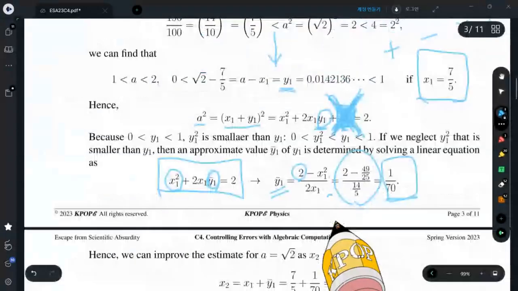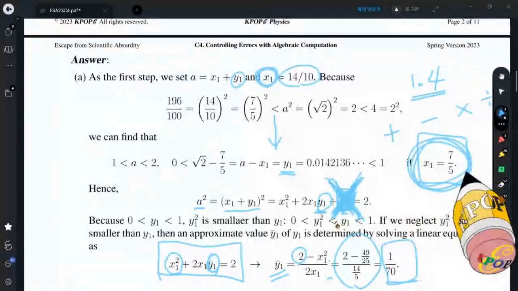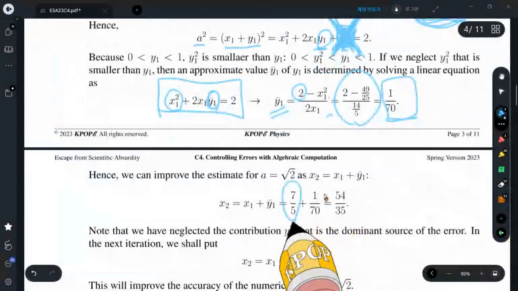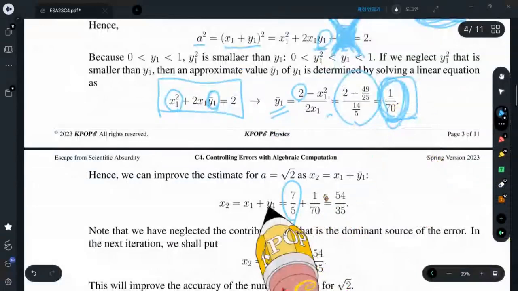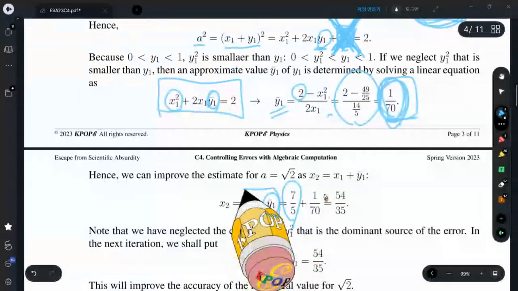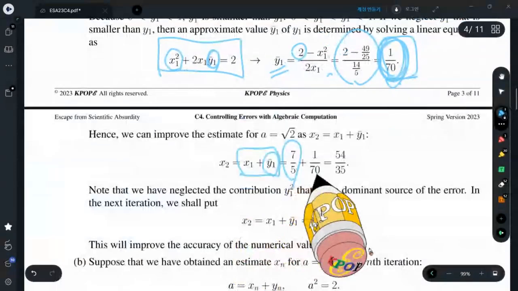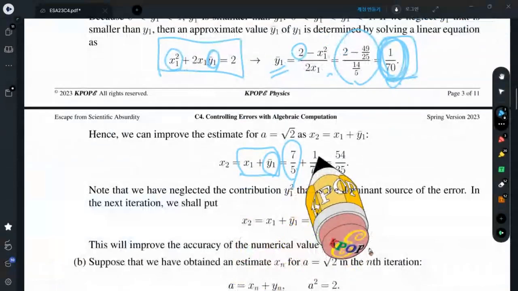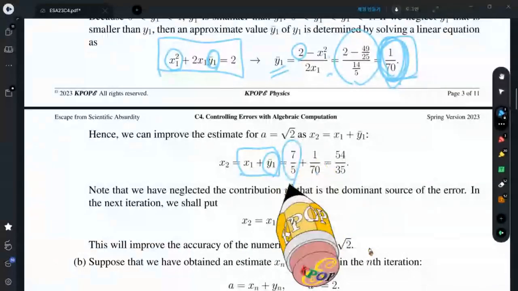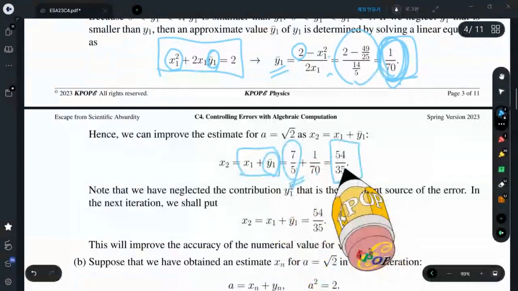We began with the main value, that is the original approximate value 7/5, but I have found the approximate value for our error. Now redefine this by adding these two. I have approached the genuine value a little bit more in comparison with the original guess. So our better guess is 54/35.